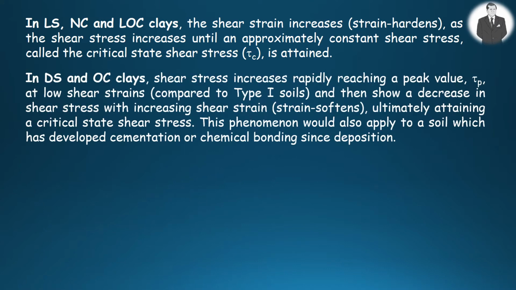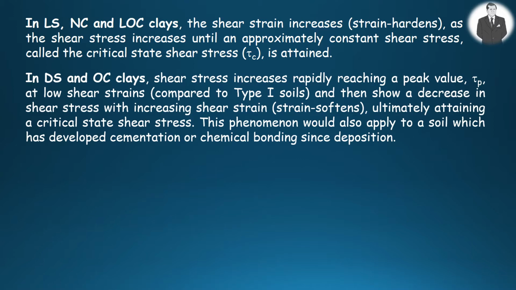On the other hand, in dense sand and over-consolidated clays, shear stress increases very quickly, attaining a peak value at low shear strains with respect to type 1 soils, and then decreases with increasing shear strain, eventually reaching a critical state shear stress.